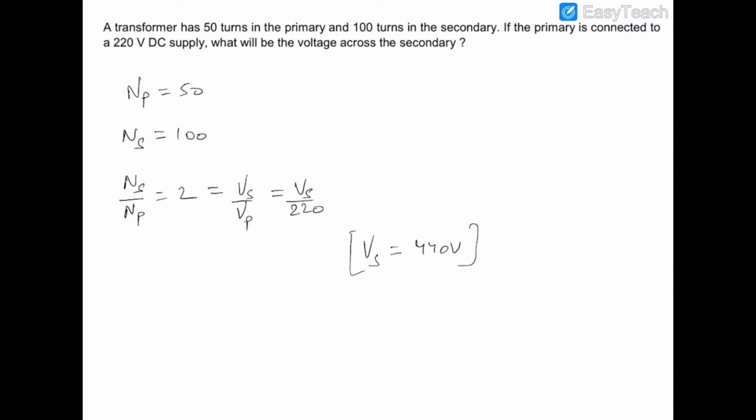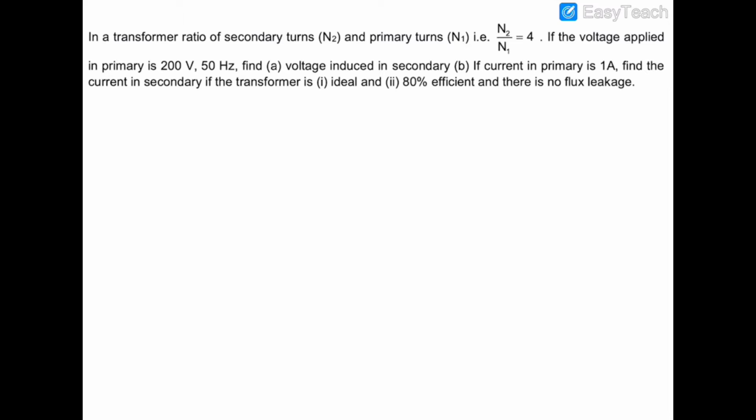So this is the voltage across the secondary coil of the transformer, or we can say that this is the output voltage. Now moving to the next question. In this question, there is a transformer whose ratio of number of turns N2 upon N1 is 4 and the voltage applied in the primary coil is 200 volts and the frequency is 50 Hertz.